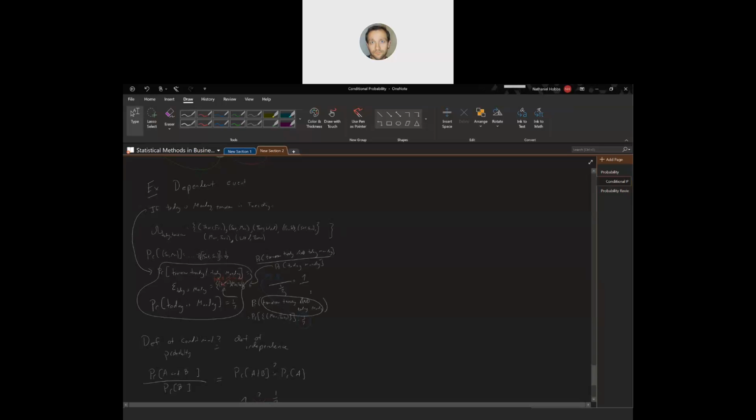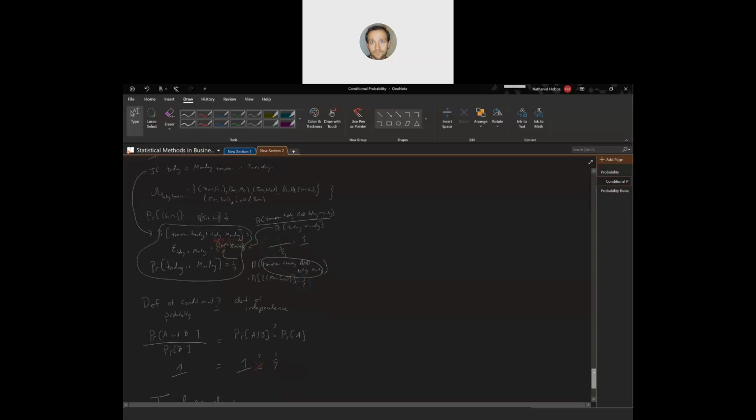We show that explicitly by coming up with the probability space, which includes the set of possible outcomes, the probability function, and then using our definition. So what is the event A? What is the event B? Here, today is Monday, tomorrow is Tuesday. And then we see if these things are equal.